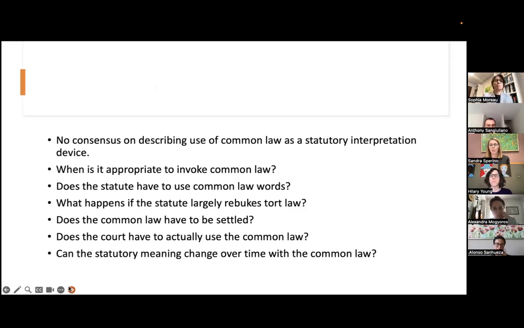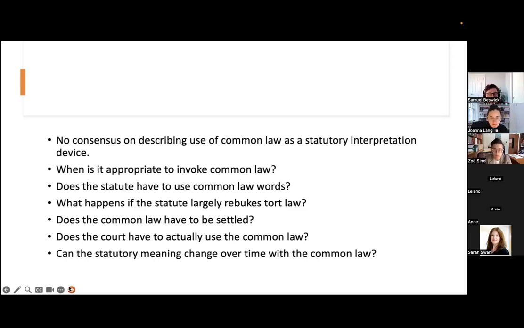It's not clear when it's appropriate for the court to invoke common law through canons. Does the statute even have to use a common law word? What happens when the statute largely rebukes tort law? And I would say that Title VII is a huge rebuke of tort law because it overturns the at-will employment presumption that applies in most tort law in the United States.